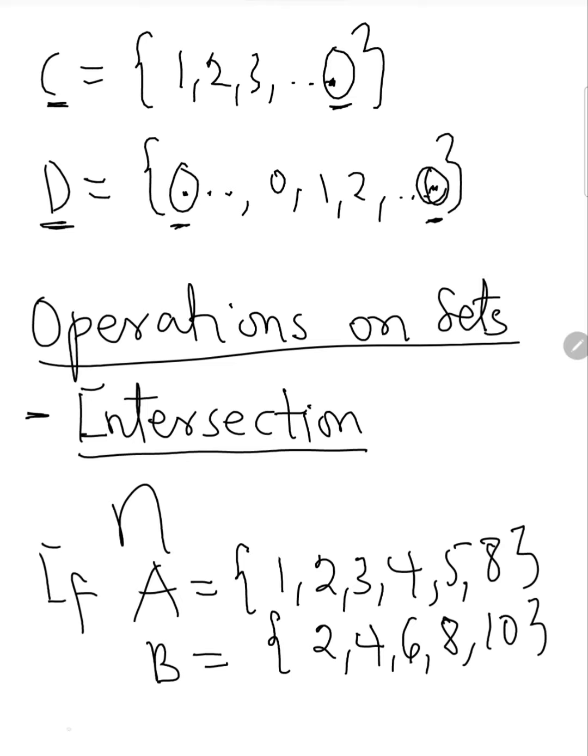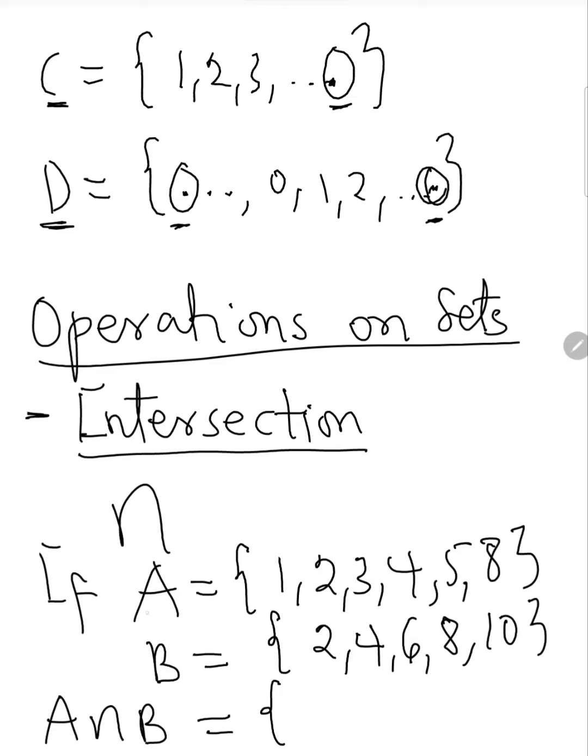Then to find the intersection of the set A and B, don't forget we say intersection is the set of all elements that belong to both sets. So what it means is that we look at the elements in set A, and also the elements in set B, and see which elements belong to both A and B.